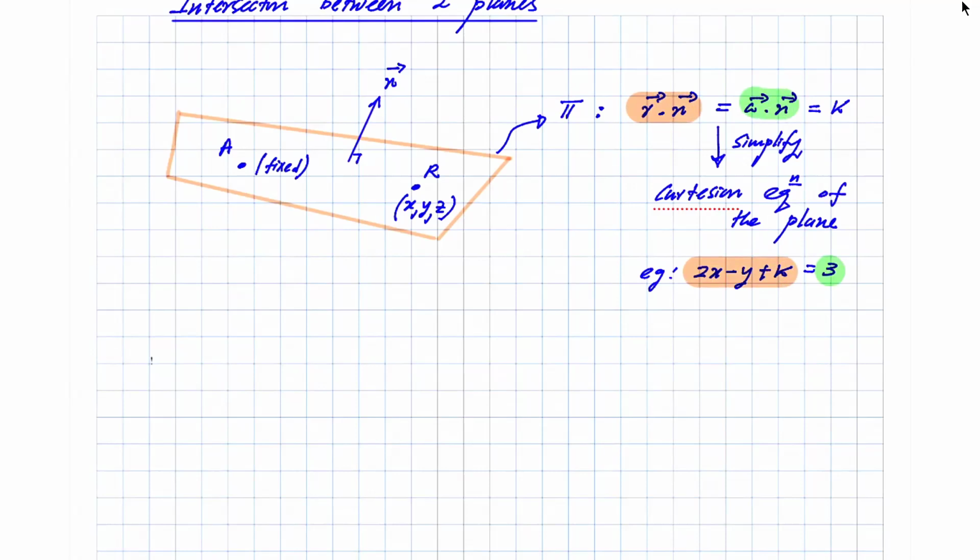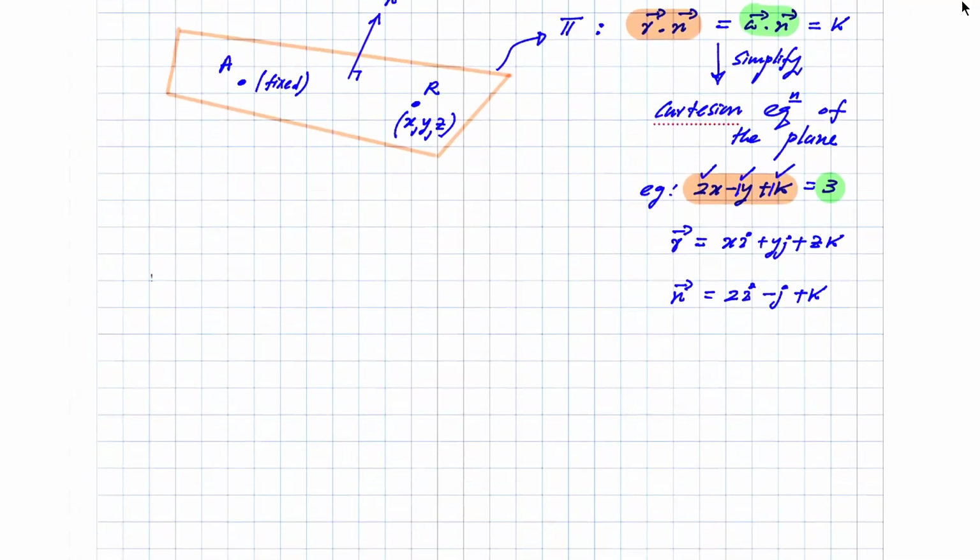R in this case is xi plus yj plus zk. n is 2i minus j plus k, so that you can extract from these coefficients over here. That is what we discussed, right?